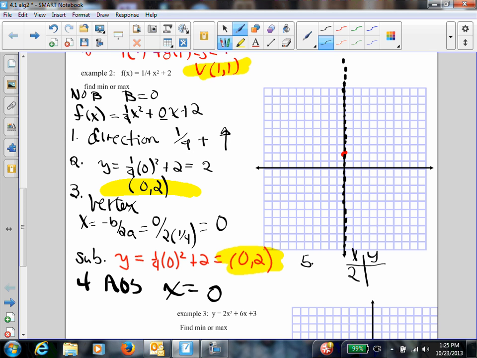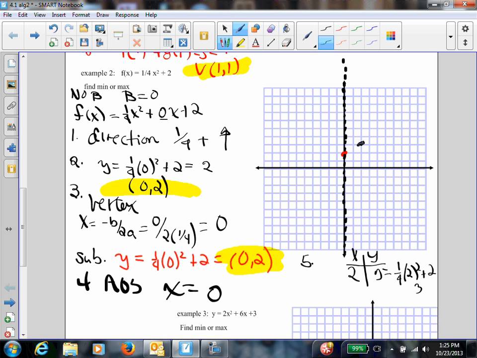The equation that I gave you up above. So I can pick any x value. Keep it small because it's quadratic and it'll be squared. Okay? So if x is 2, then y is going to equal 1/4 times 2 squared plus 2, which is going to be 3. All right. So the point that I have is (2, 3).